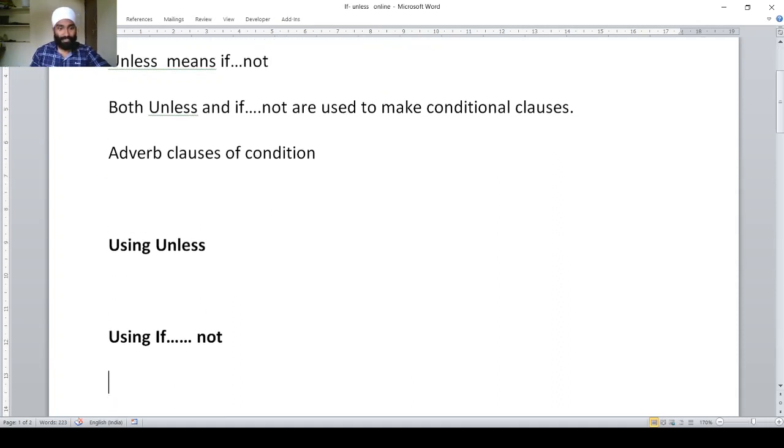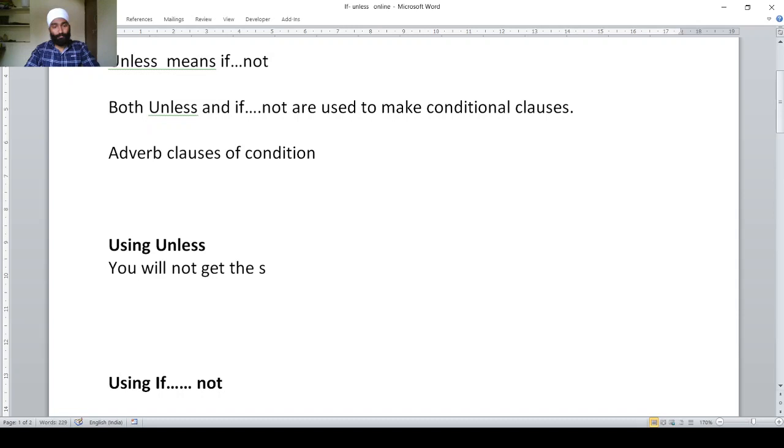How to use unless? Unless is a word which basically has a negative meaning. So let us see in one sentence how to use unless. See this sentence: you will not get the stuff if you do not pay the bill.